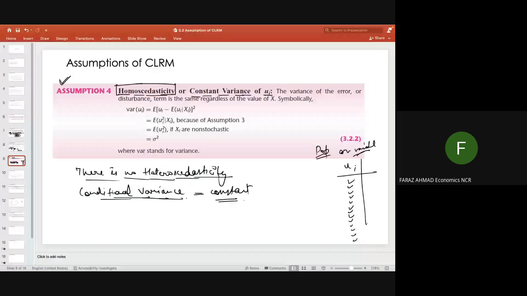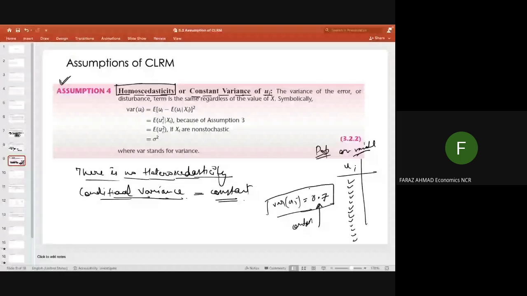No, because in this case, we will say, okay, it has some finite variance. For example, suppose variance Ui is equal to 0.7, right? So of course, it's a constant, it's a number. For the whole population, there is one number which is variance Ui, and it is 0.7. So of course, it's going to be constant.